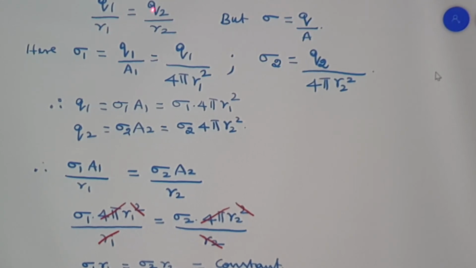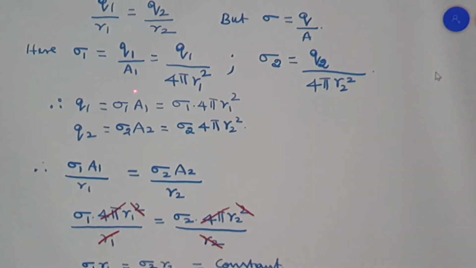So Q1 by R1 is equal to Q2 by R2. Now, what is sigma? Sigma is surface charge density. As we know, it is charge per unit area. So for both the spheres, the surface charge densities are respectively sigma 1 and sigma 2. Sigma 1 I can write as Q1 by A1, and sigma 2 can be written as Q2 by A2.